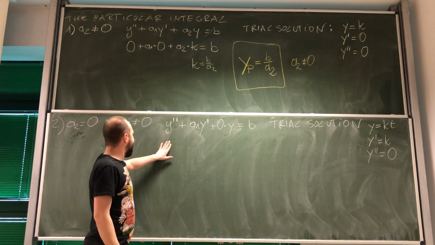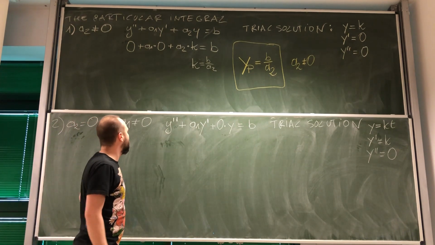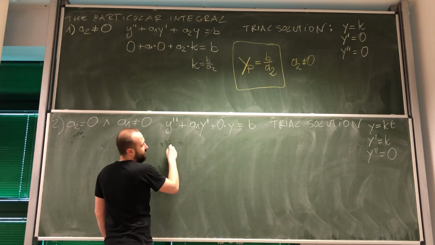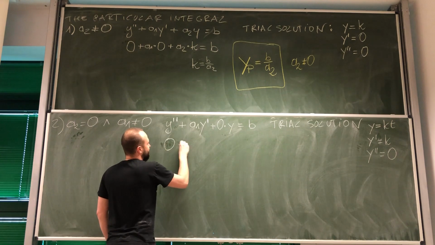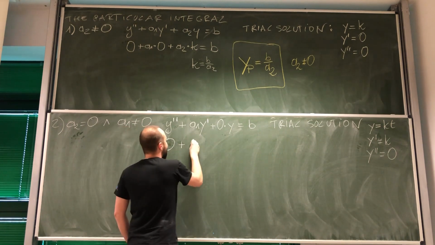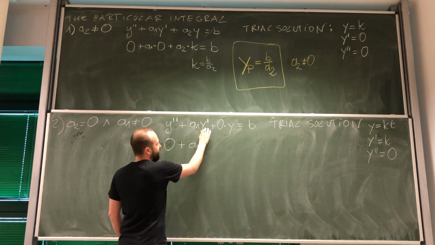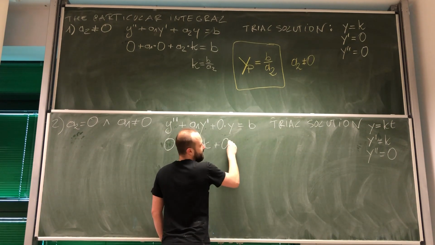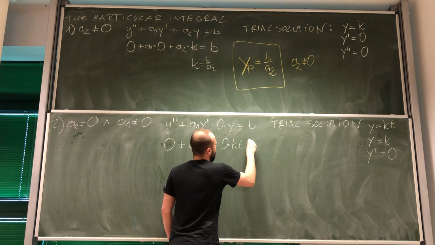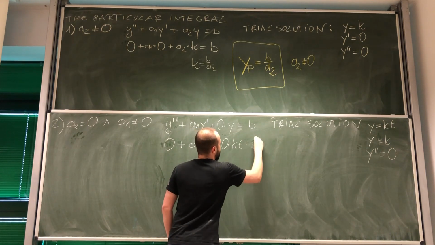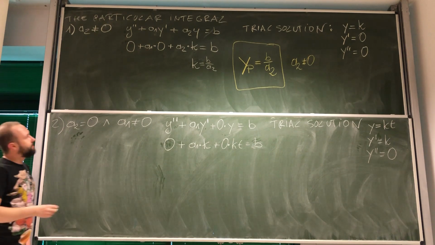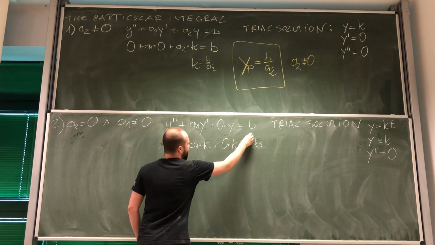Okay, so we get now that y double prime is 0 plus A1 times, instead of y prime we write k, plus 0 times kt equals to B. Okay, we clearly see that those two don't matter for anything.